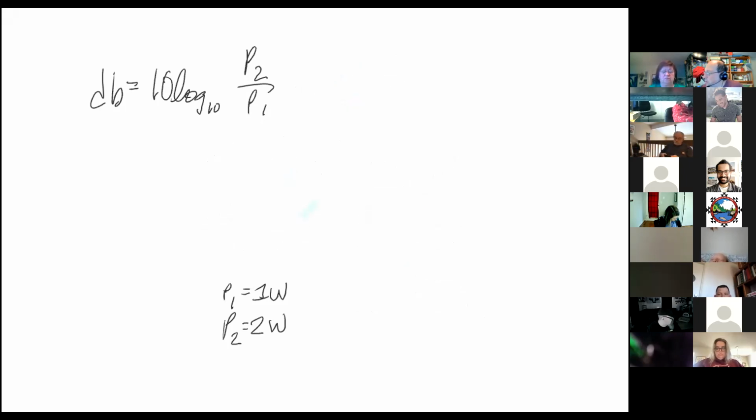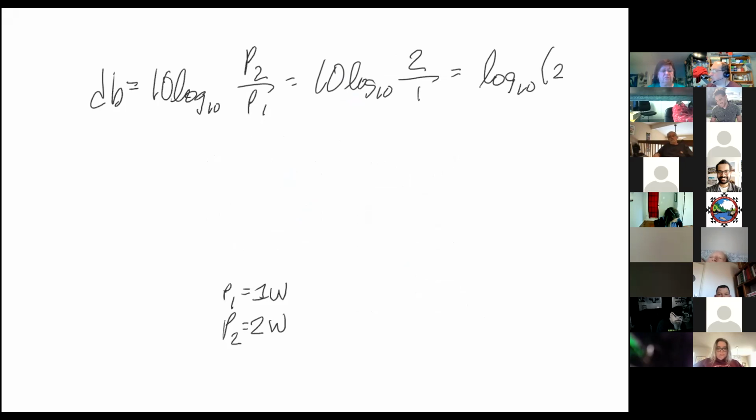We're going to have 10 log base 10 of 2 divided by 1, which is 10 log base 10 of 2. And this is not a square number. This is actually not exact.